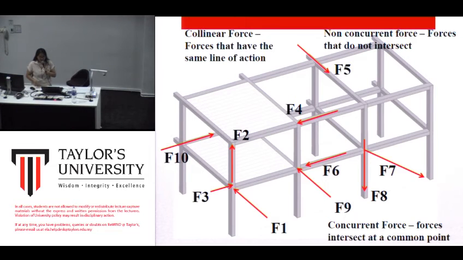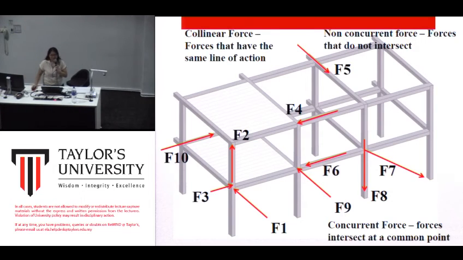There's a pair of forces which have the same line of action. F4 and F6? F6, the line of action is here. F4, the line of action is here. How can it be the same? When I say same, it doesn't mean same direction. It means same line, exactly the same line.